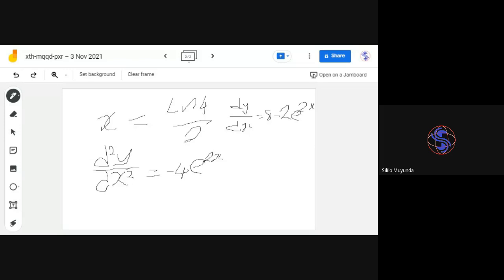But anyway, to find the critical point for part one, after finding this value where we said x will be ln 4 over 2, we need to place it in the original equation to find the y part. A point needs to have x comma y, so this is just the x part.